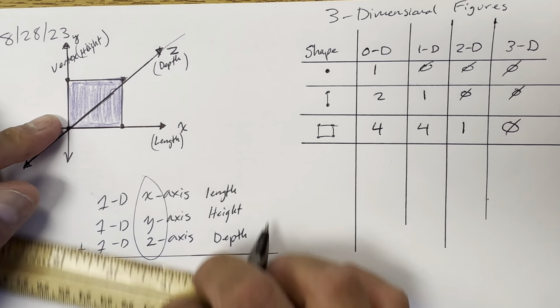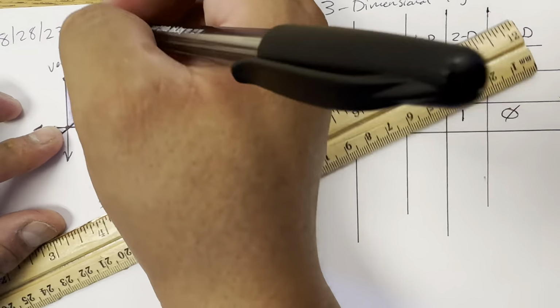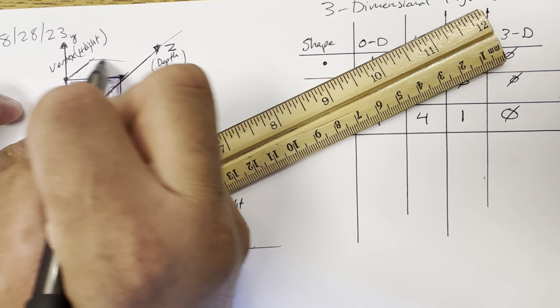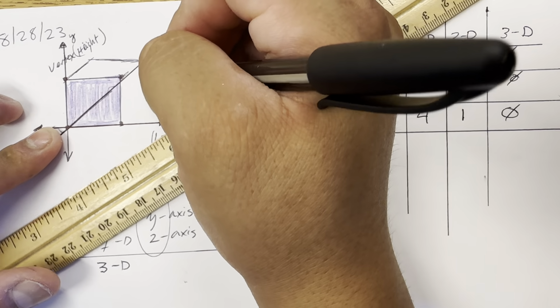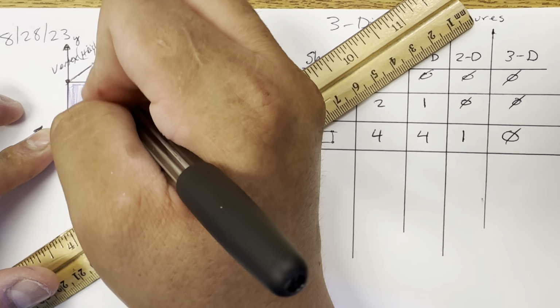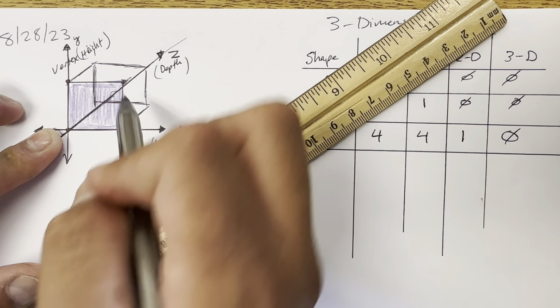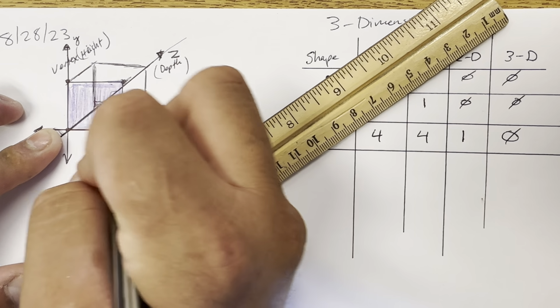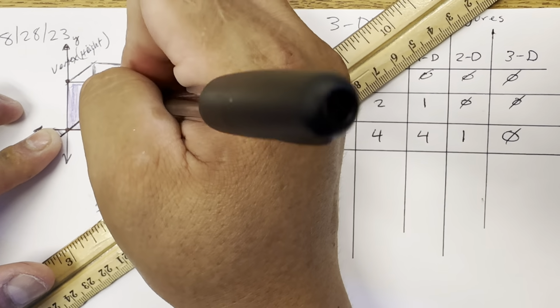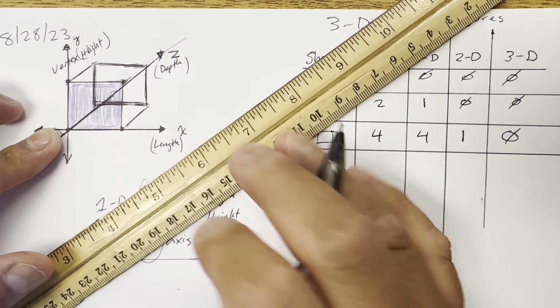So if we add more into this, let's see here. I'll add the Z axis in here. So we really have, this works a lot better, by the way, if I had grid paper. So we'll have to invest in some grid paper.